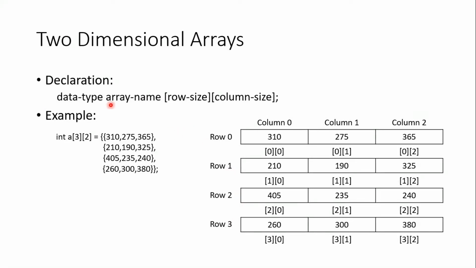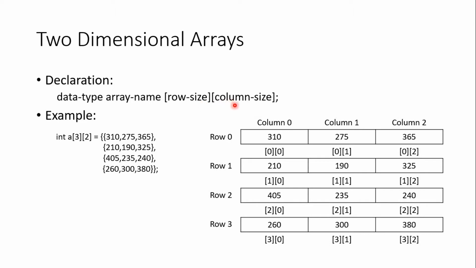To declare a two-dimensional array, the syntax is data type, space, array name, space, in first square bracket row size, in second square bracket column size, and then semicolon. If the number of rows is 3, then the row size will be 2 because array index starts from 0.